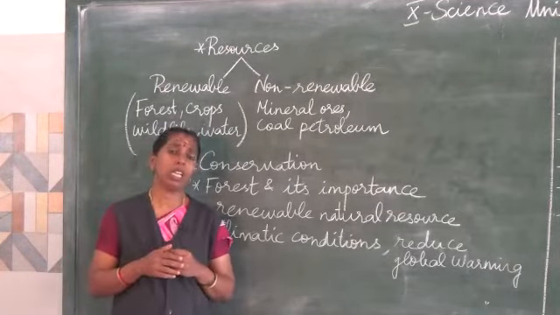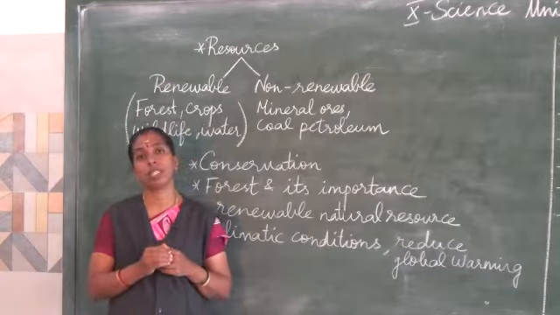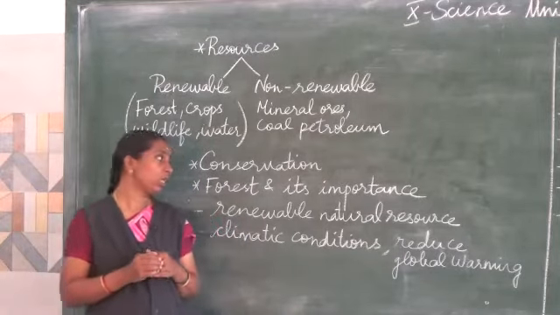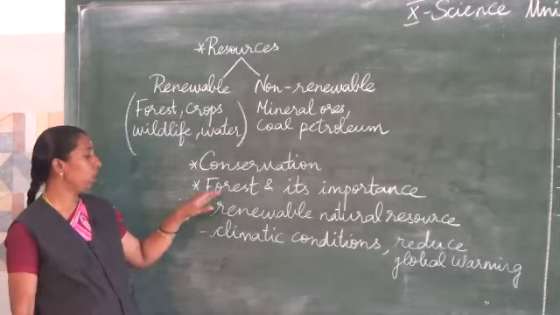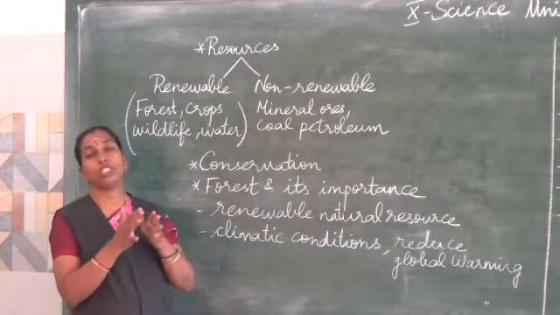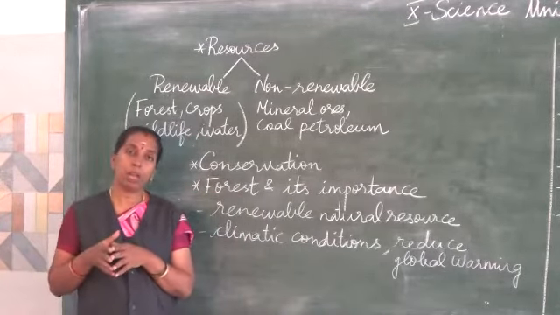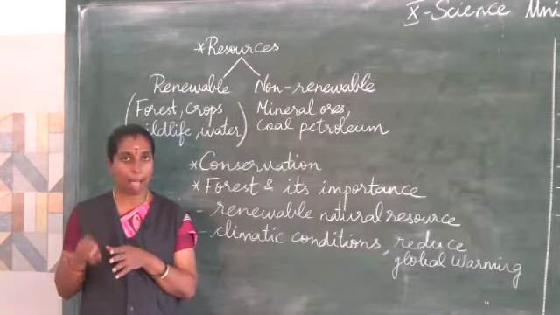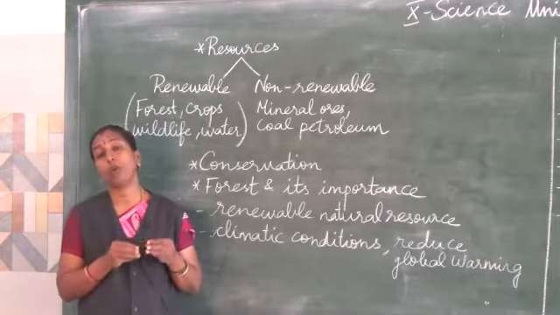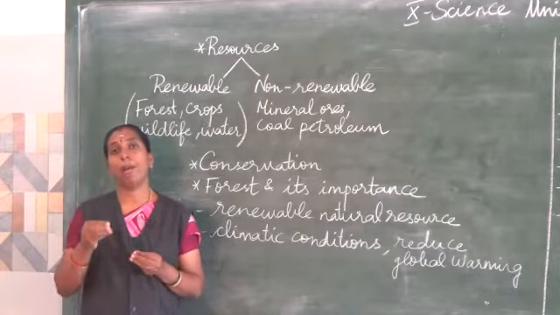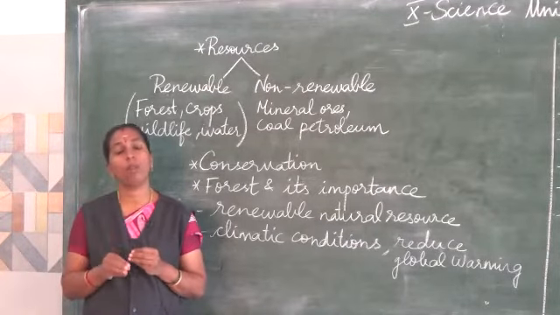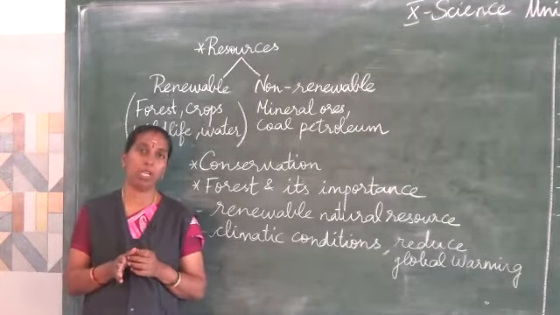Now, we shall see what is forest and its importance. So, forest, you know that it's a dense resource of trees as well as all the wildlife habitat. You know what is habitat? The place in which the organisms live is called habitat.